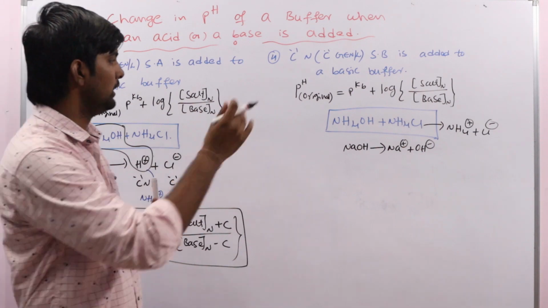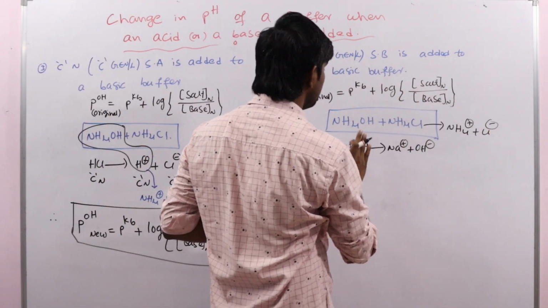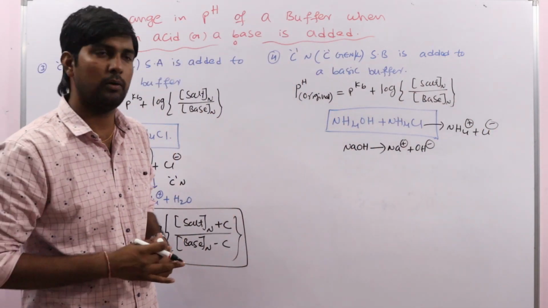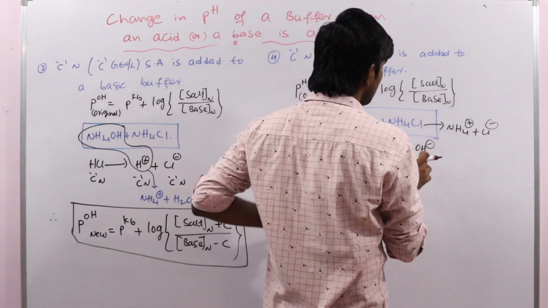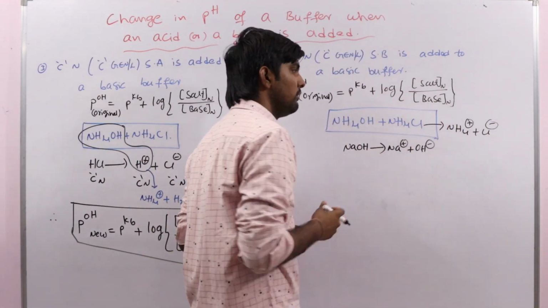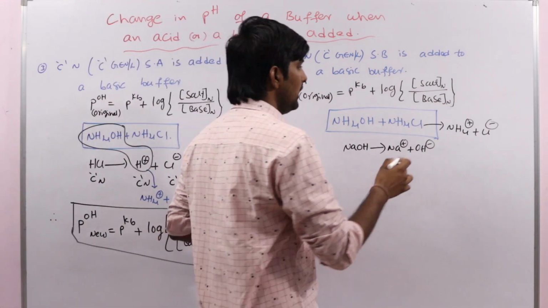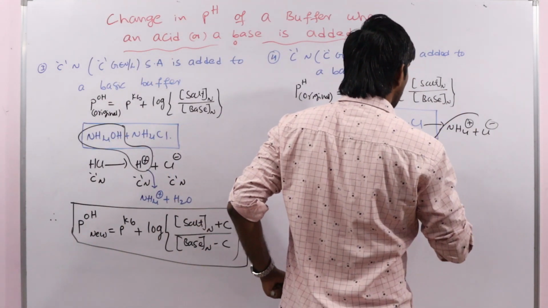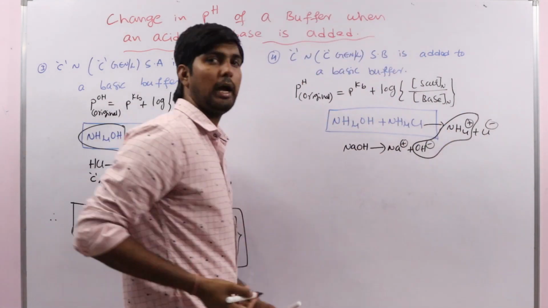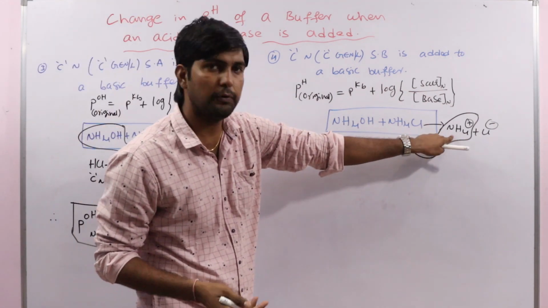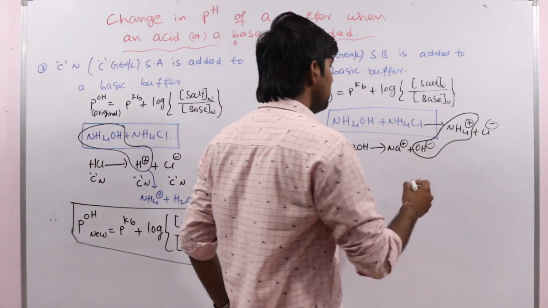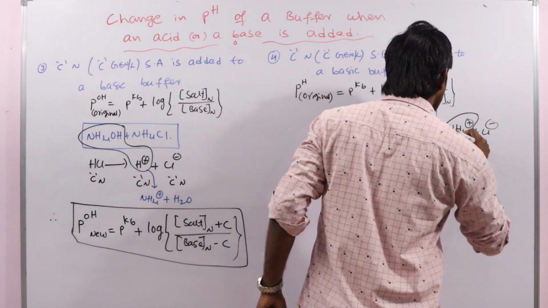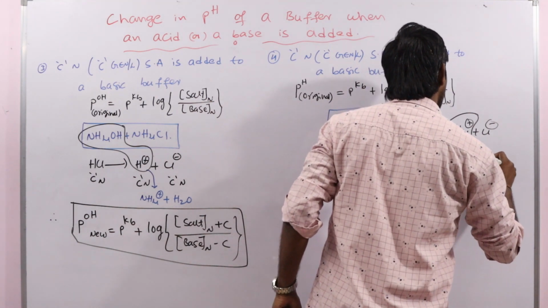Now what happens when base is added? Base does not react with another base. Yes or no? The only option is that this hydroxide ion should react with the NH4+. So the OH- ions which we are adding from the outside react with the NH4+ already present in the buffer system, and this will give NH4OH.